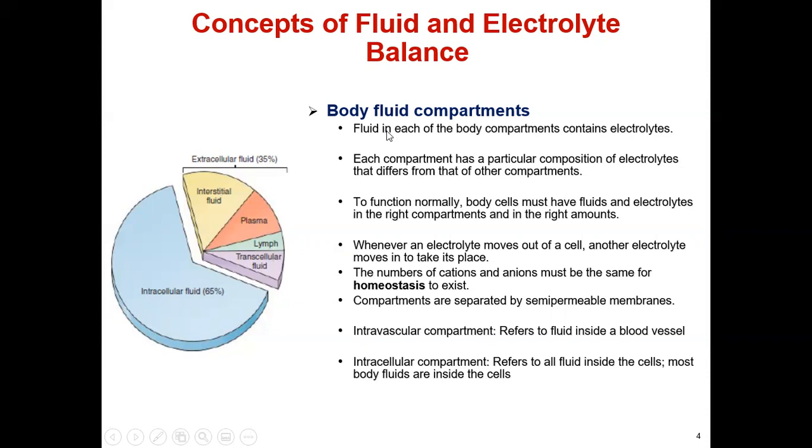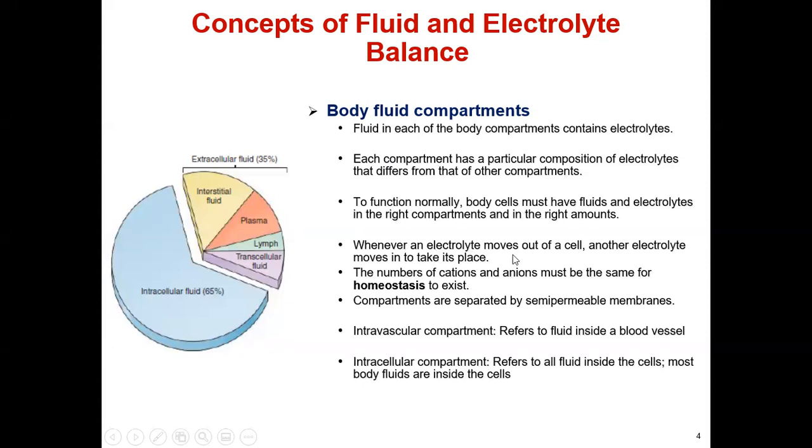The fluid in each body compartment contains electrolytes. Each compartment has a particular composition of electrolytes that differs from that of other compartments. To function normally, the body cell must have fluid and electrolytes in the right compartment and in the right amount for homeostasis.